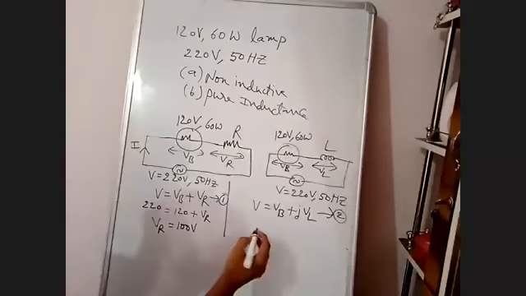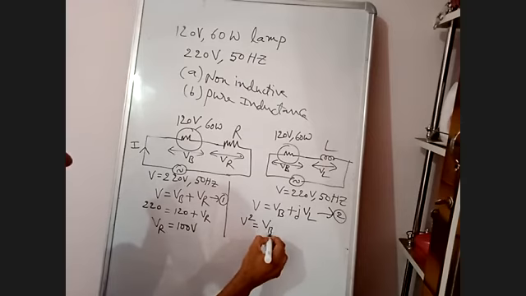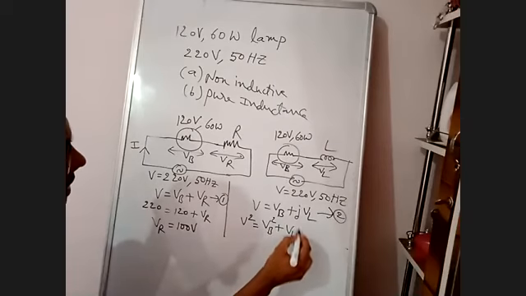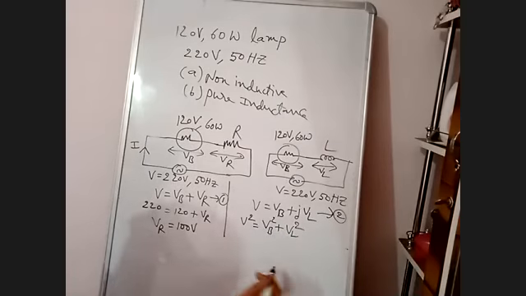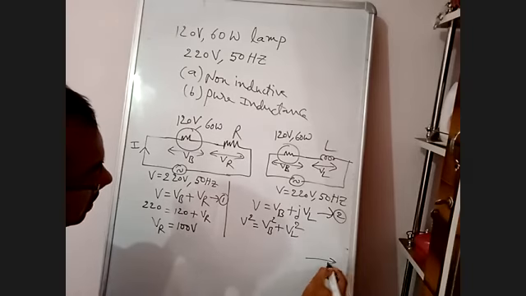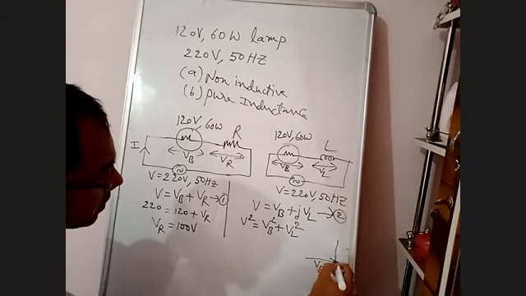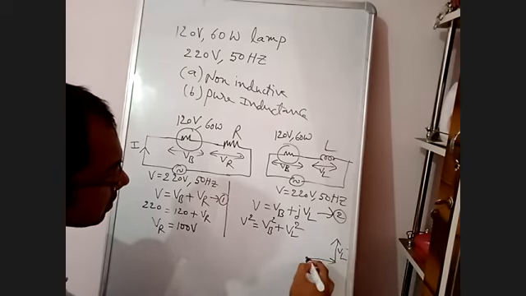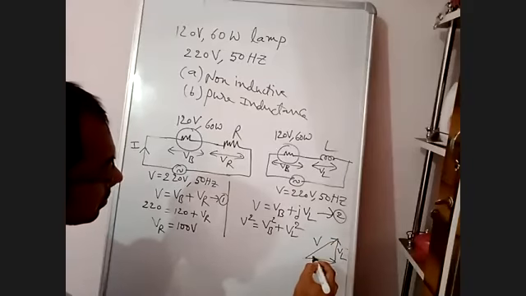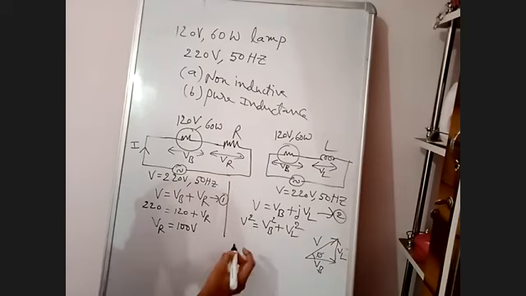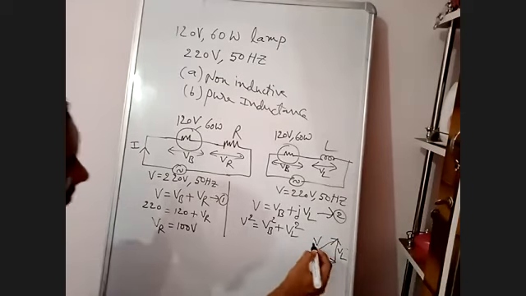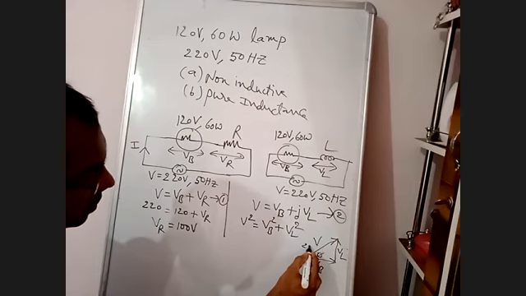In the second case, hypotenuse square is equal to side square plus side square. This is VB. This is VL. This is V. V is 220 volts.